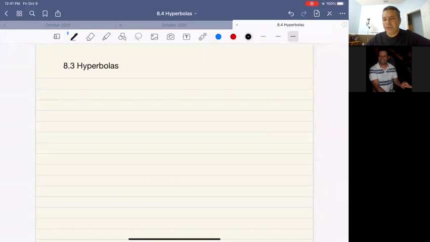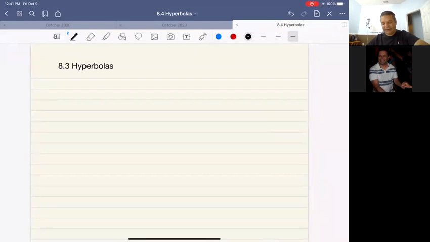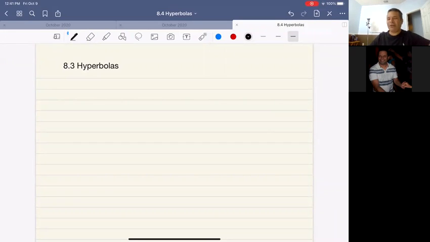Okay, welcome. Section 8.3 is about hyperbolas. They're actually very similar to ellipses, at least not really, but kind of. They're cousins of ellipses.